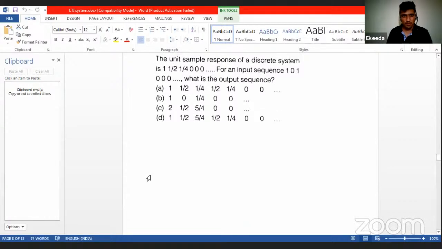So the convolution in the discrete case is given by, suppose this is x[n] and this is h[n]. x[n] is 1, 1 by 2, 1 by 2, 1 by 4, 0. You can leave it here, whenever 0 is there at the last, because other terms will be 0. And this is 1, 0, 1.